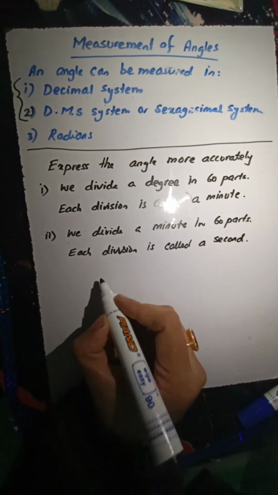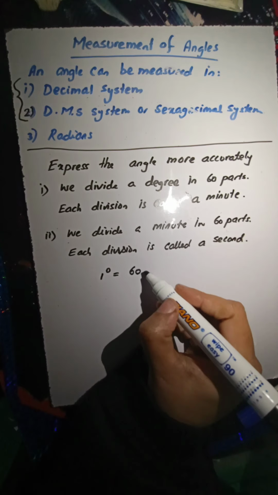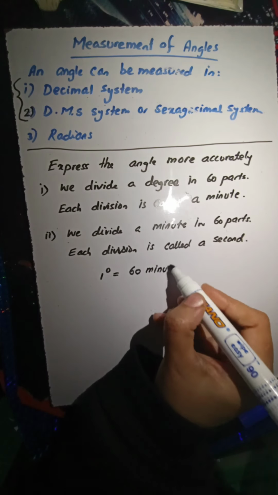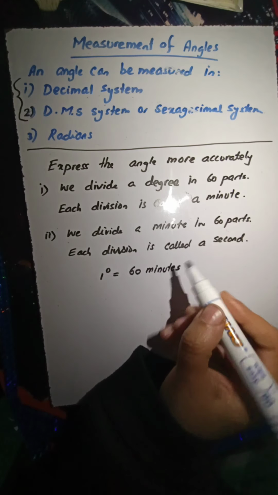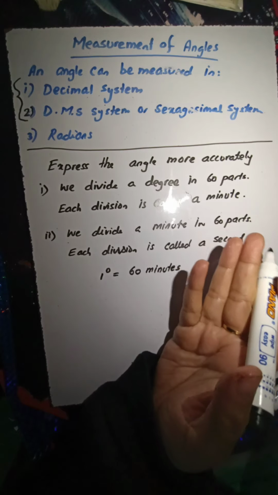So 1 degree is divided into 60 parts, and these 60 parts are called minutes, just as 1 hour is divided into 60 minutes, and then each minute is again divided into 60 seconds.